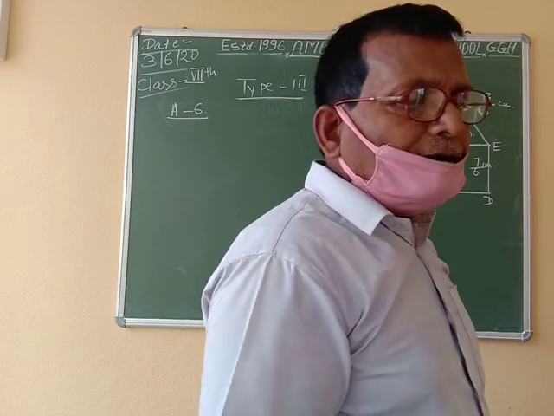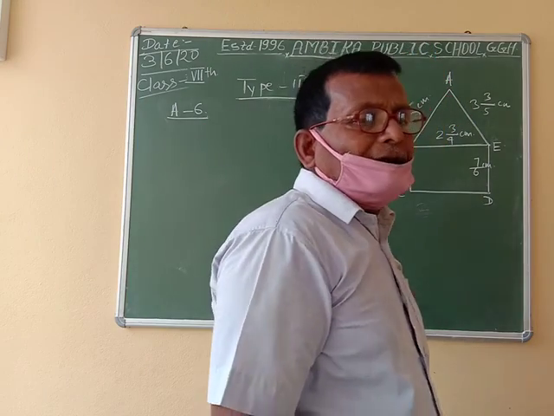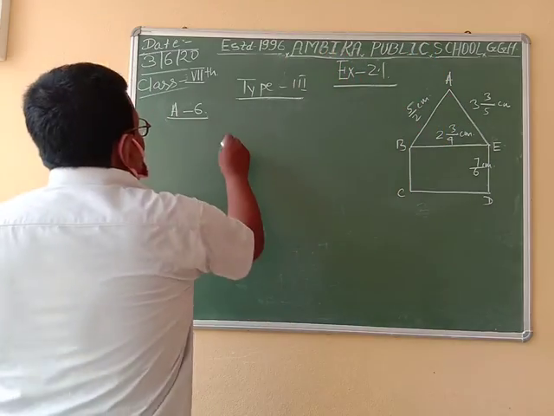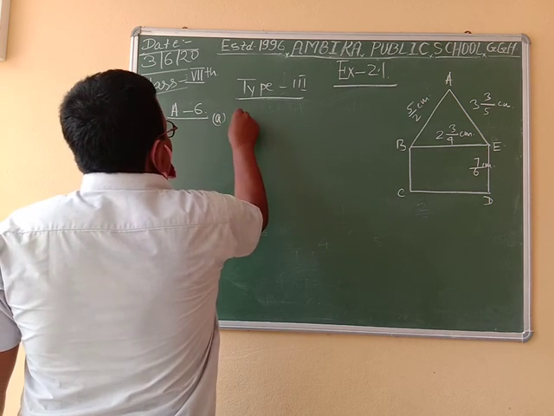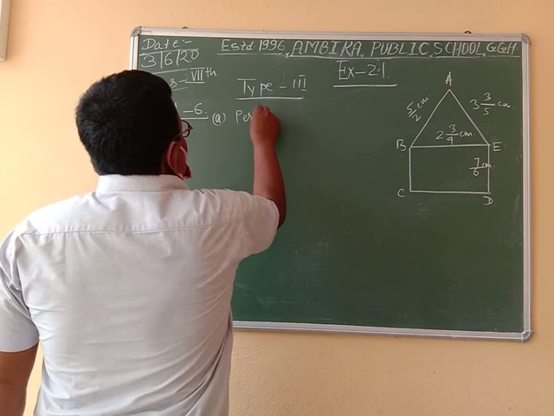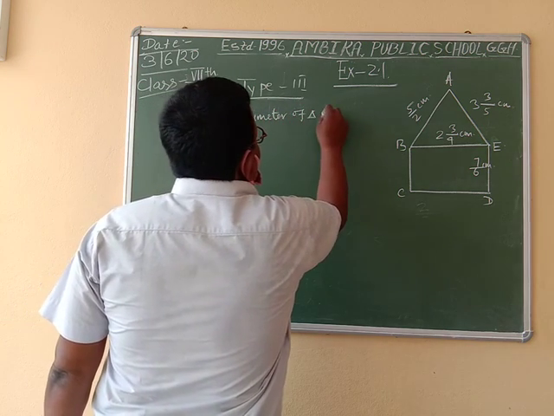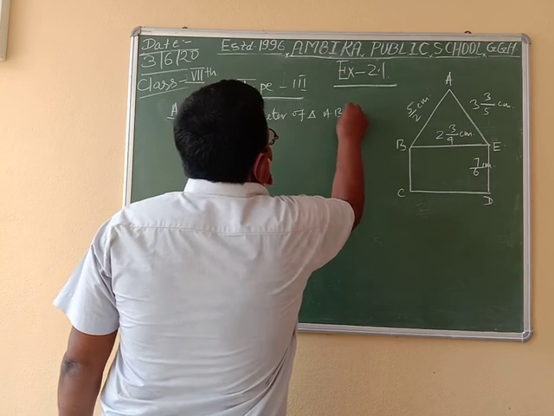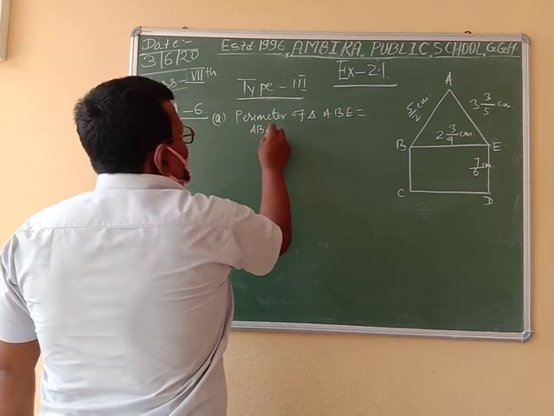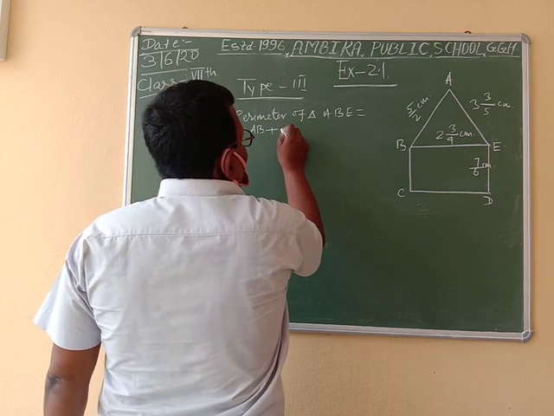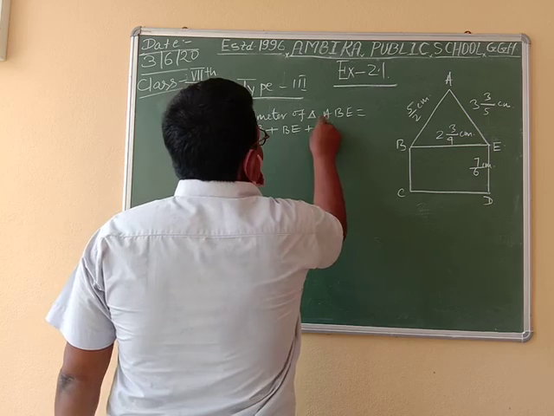At first I am going to find the perimeter of triangle ABE. Perimeter of triangle ABE is equal to AB plus BE plus AE.